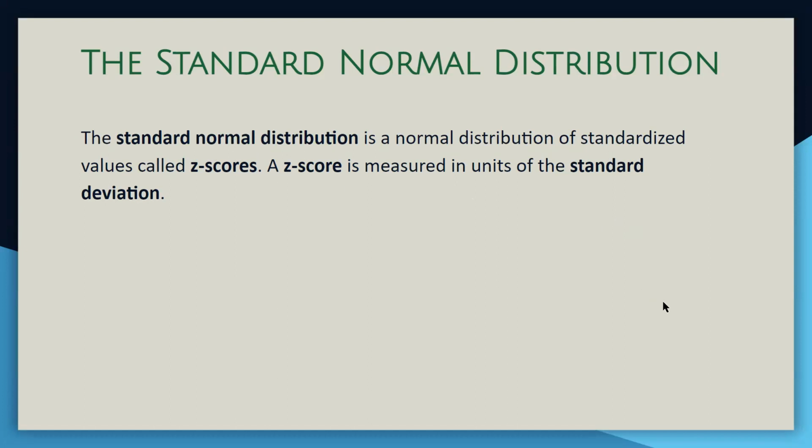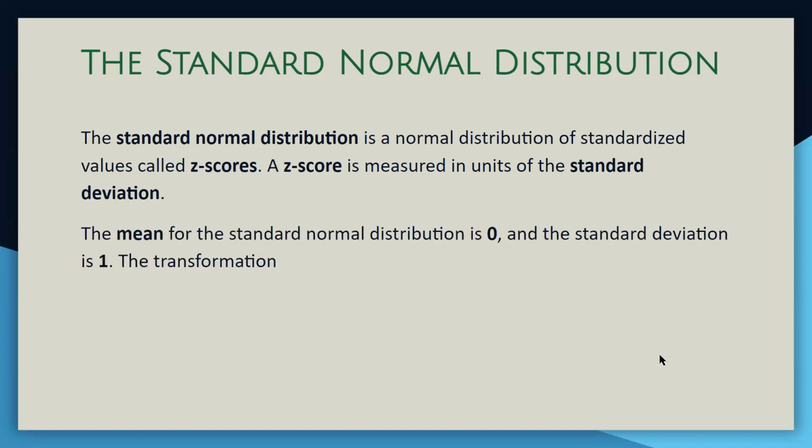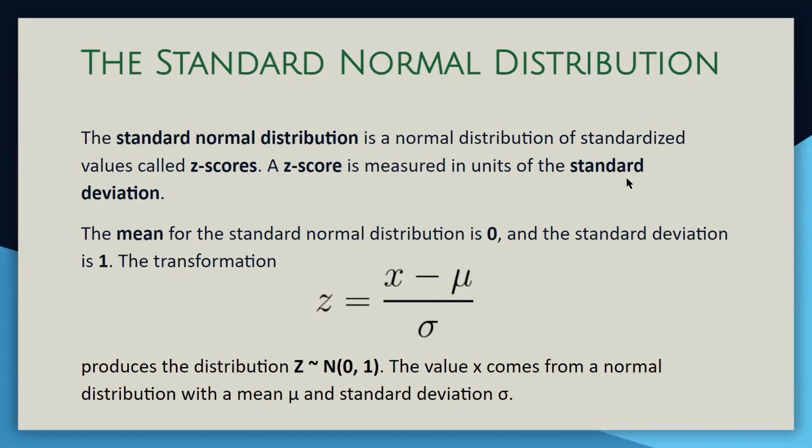But for those of you who are going to use table E, the mean for the standard normal distribution is 0, and the standard deviation is 1. And the transformation that we've seen before, z equals (x minus the mean) divided by the standard deviation, will convert all of your data values x into z-scores and produce a standard normal curve.